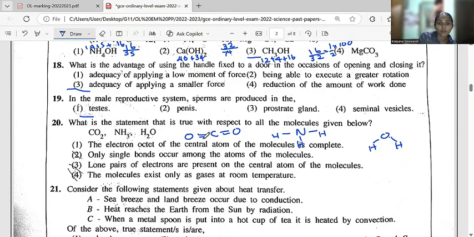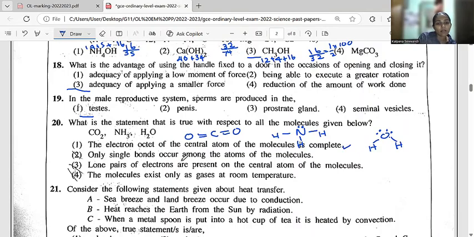Octet: 2, 4, 6, 8, complete. 2, 4, 6, and lone pairs of electrons are there. 2, 4, 6, 8, two lone pairs. So the electron octet of the central atom of the molecules is complete.